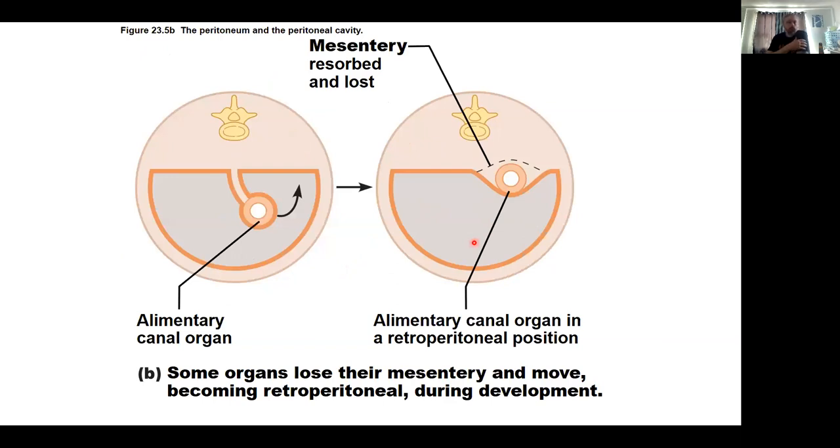As far as being retroperitoneal, for the most part, when we talk about the kidneys later on, those are organs that are primarily retroperitoneal. They spend their entire life in the space back here behind the peritoneum. For the digestive system organs, the alimentary canal organs that are going to be retroperitoneal, they're what we call secondarily retroperitoneal.